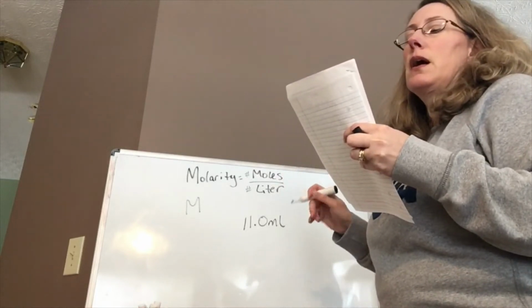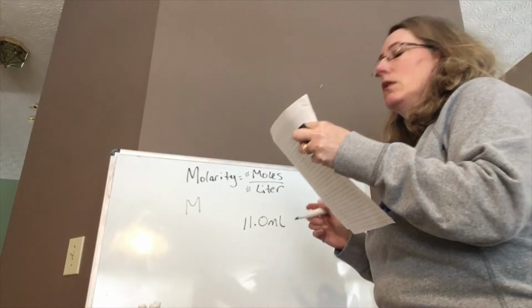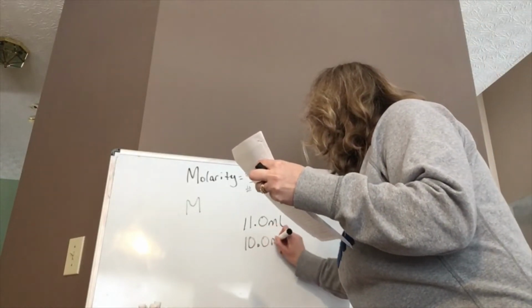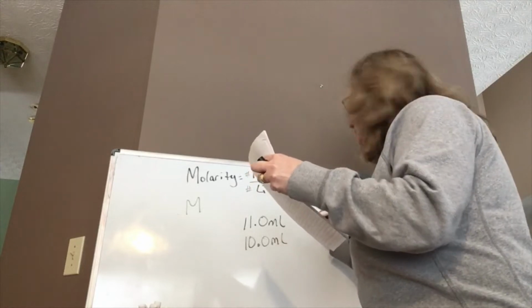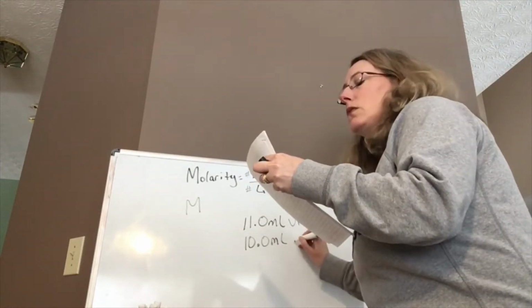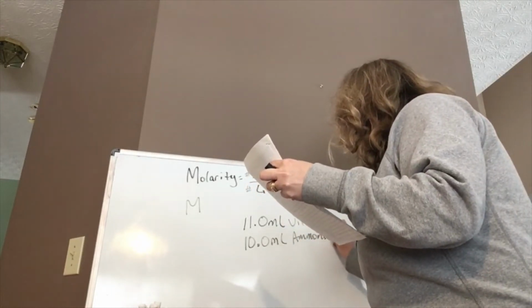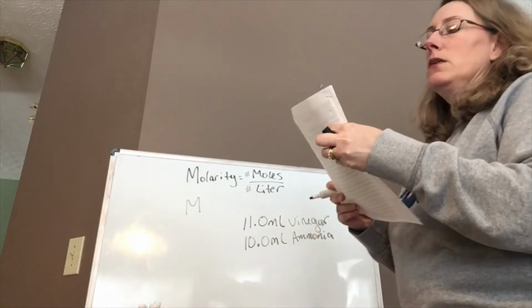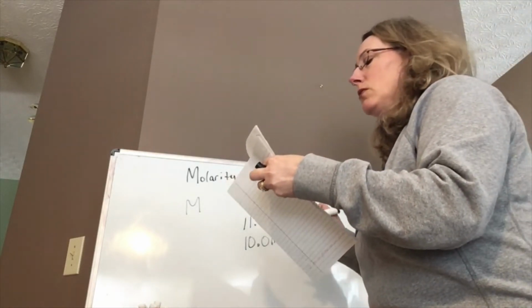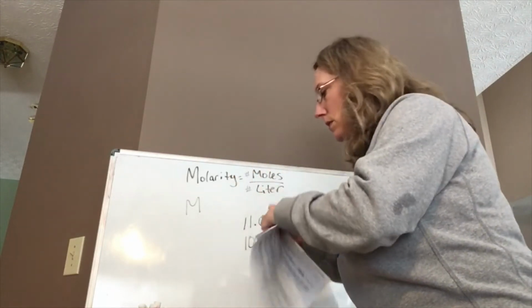And how about the amount of ammonia in milliliters? 10.0 milliliters. So this one is vinegar. And this one is ammonia. Okay. So what was the mass of your cylinder and 50 milliliters of vinegar? 117.77 grams.